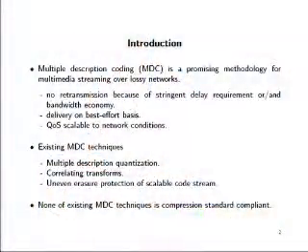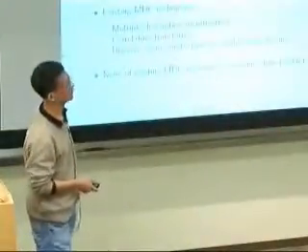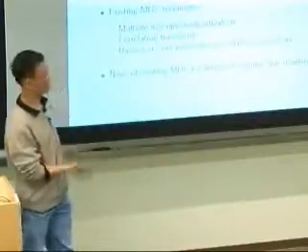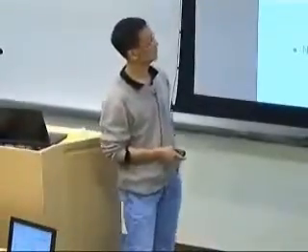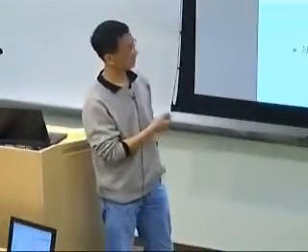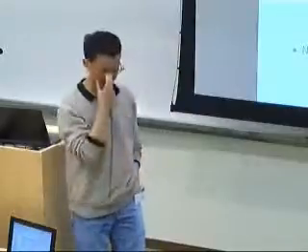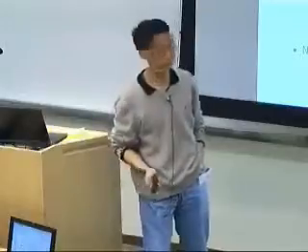Multiple description coding has been promoted as a methodology for multimedia streaming over networks, particularly packet switched networks, for which we have to deal with packet losses and network errors. That is because in those applications, particularly for real-time multimedia communications, retransmission is not possible because of stringent delay requirements or bandwidth economy considerations.